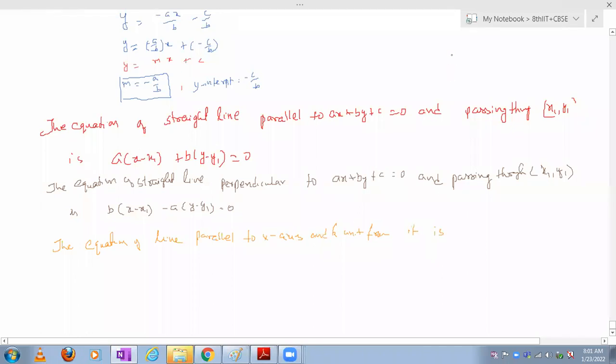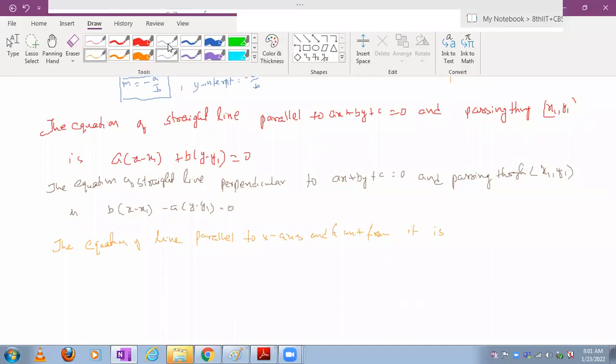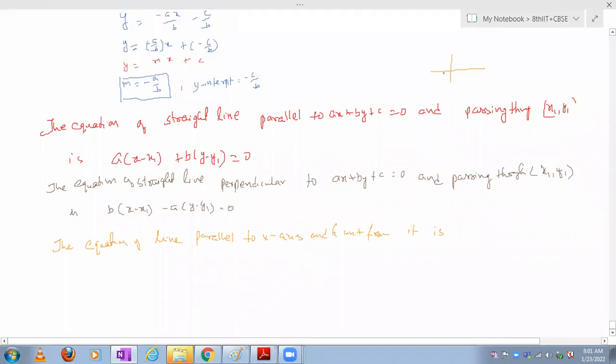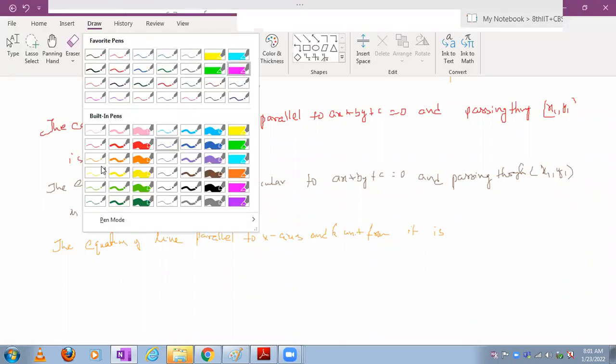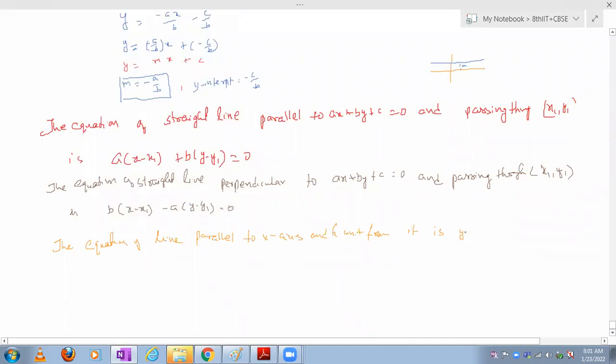See, if I take a line here which is parallel to x-axis and k units away from it, so this is k. That means this equation of straight line is nothing but y is equal to k.